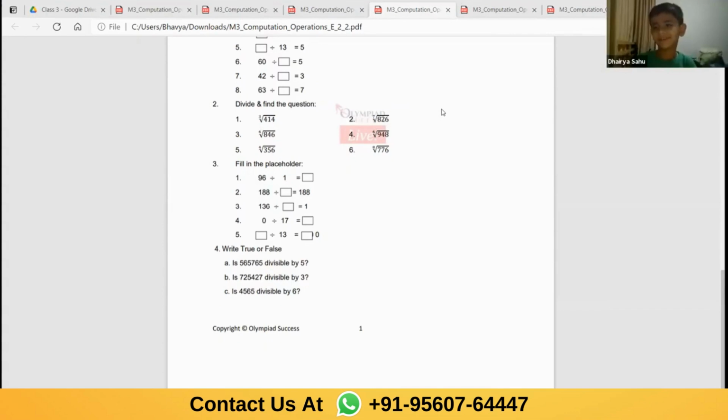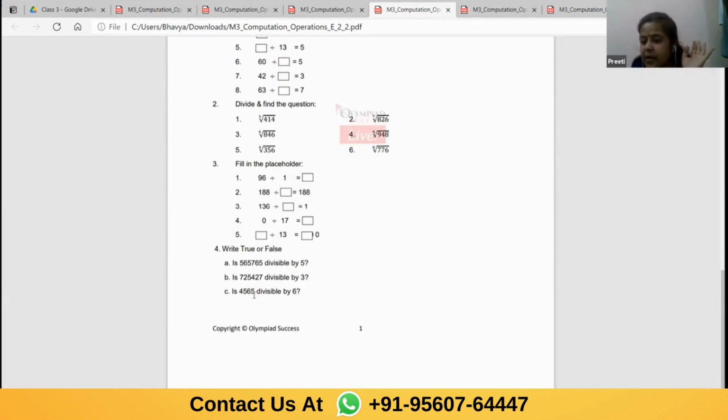So if I look at this third question, children, it is 4565. Because 5 is at the ones place, this is an odd number, so this number is not divisible by 2. No need to check whether this number is divisible by 3 or not, because it doesn't matter now. If a number is not divisible by 2, it will never be divisible completely by 6.